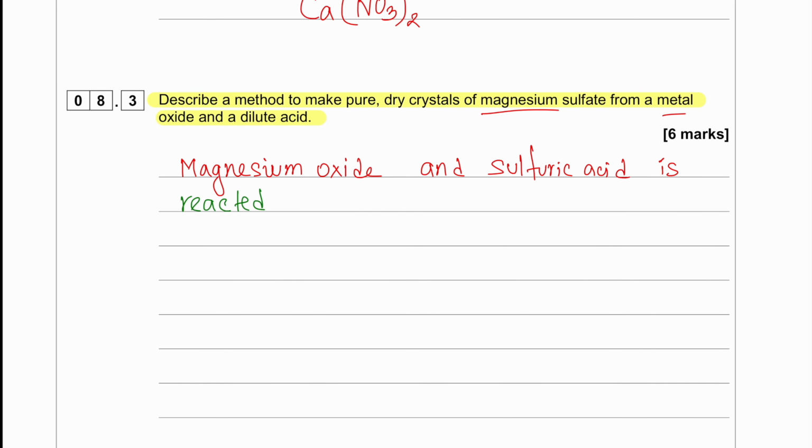Guys, I'm changing color to indicate numbering, which point is giving how many marks. However, we may need to write more than 6 marking points to achieve a level 3 answer. So keep that in mind. Okay. Magnesium oxide and sulfuric acid is reacted in a beaker. All right. Next.